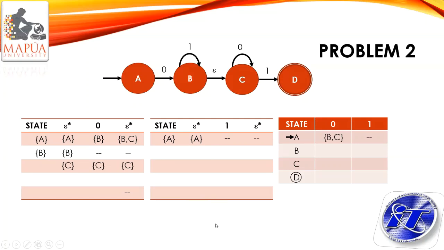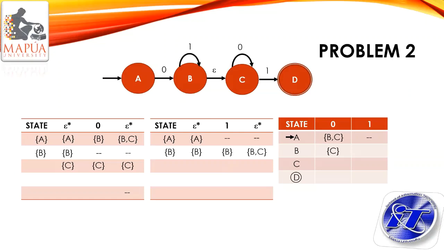Now let's move on with B at 1. Again, the epsilon closure of B is BC. And at B, if it encounters 1, it will just loop within itself. And we know that the B closure is BC.